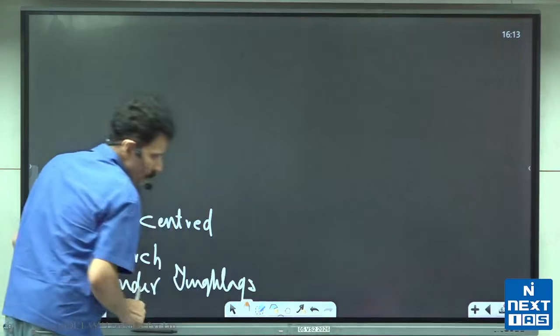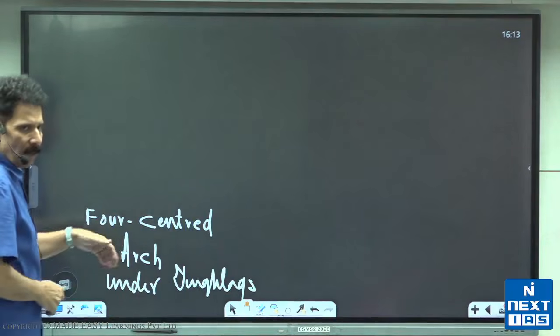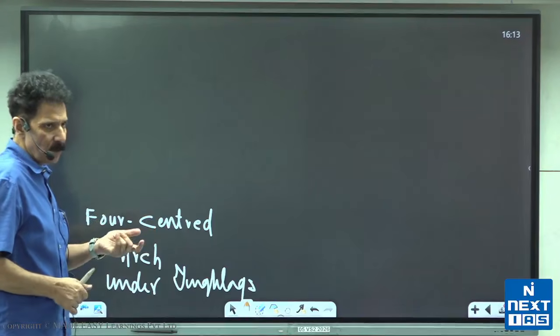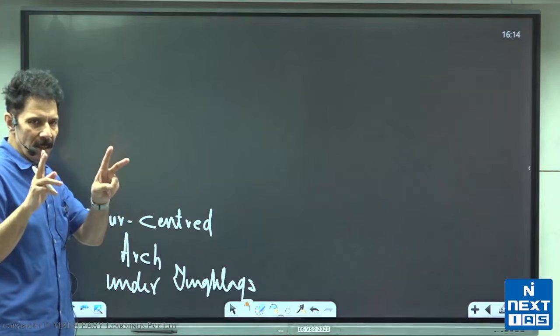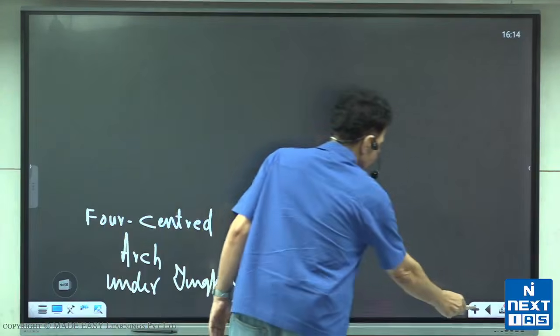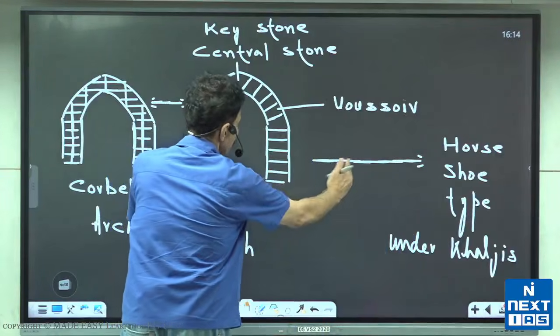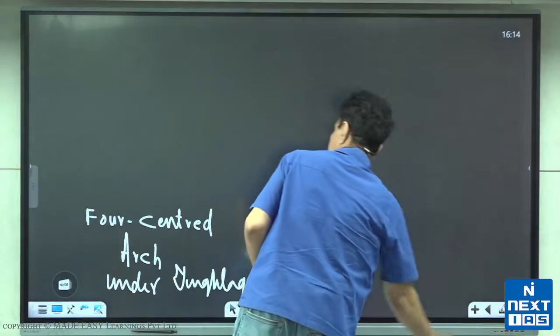Okay, this is a variant of the pointed arch. The difference is that four centers are there, plus the span is wider. A span is this. If it is wider, see, I am drawing here.